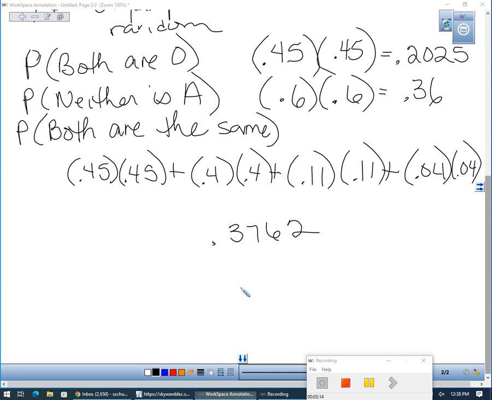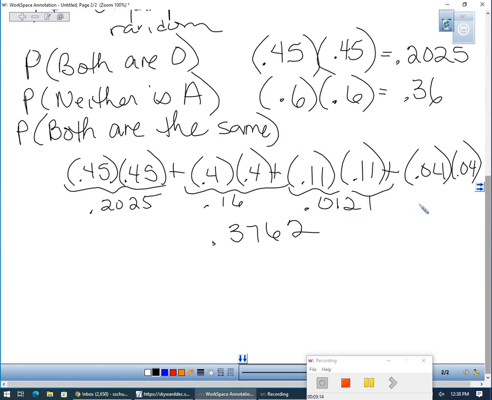Try again. When we did this one, that was 0.2025. This one would be 0.16, and this one should be 0.0016. And you can add them all that way too.